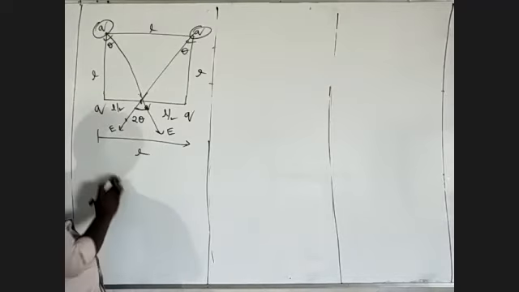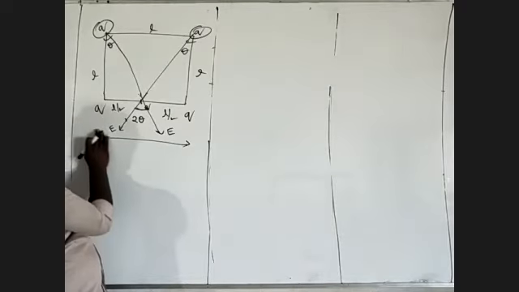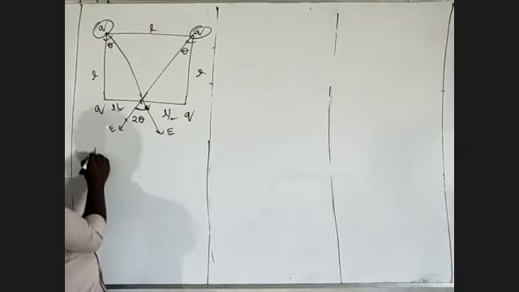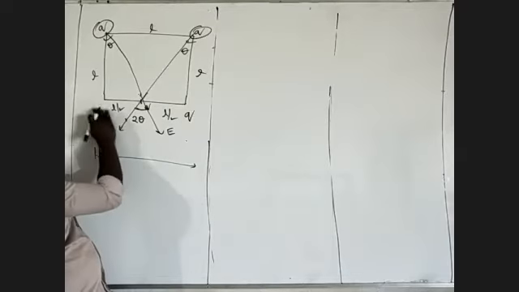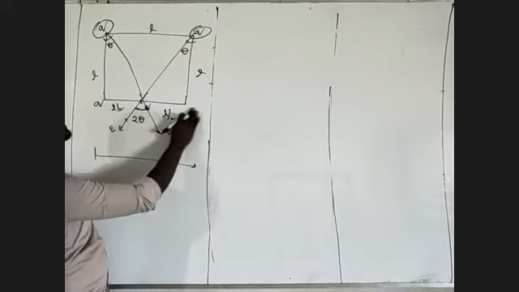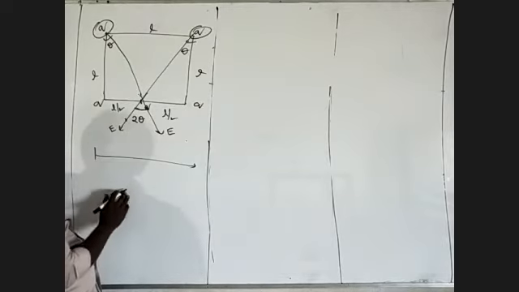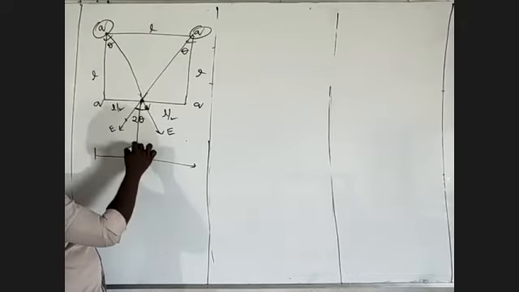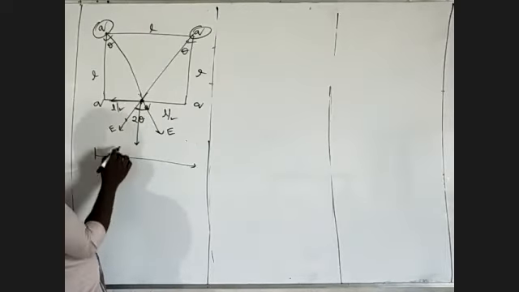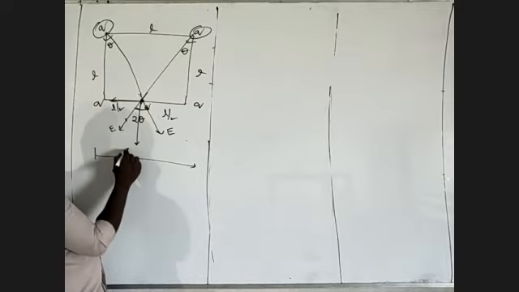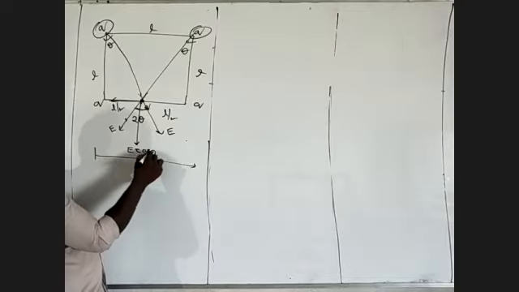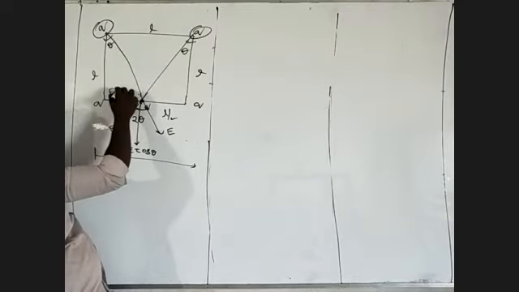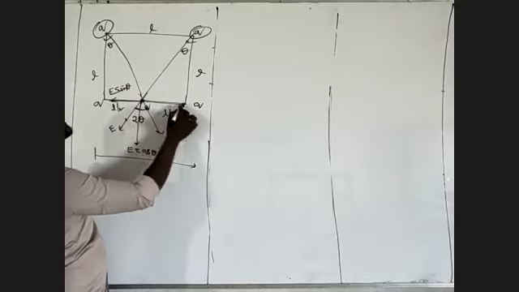Now you will see what will happen in this situation. This Q, this is Q. Now resolve into components. This is one component, this is one more component. This is E making angle theta, which means this is E cos theta and this is E sin theta. This also is resolved.